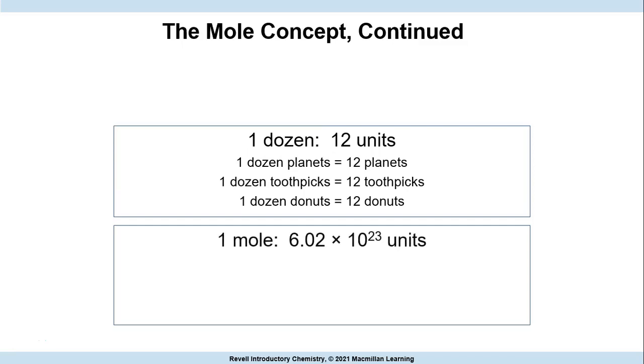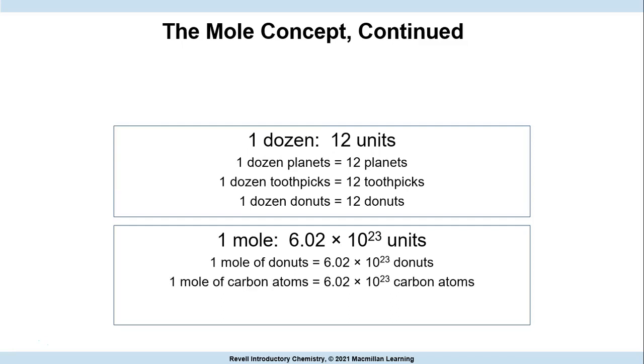Now, when we talk of a mole, one mole is equivalent to 6.02 times 10 to the 23 units. So as you hear of a dozen equal to 12, a mole is equal to 6.02 times 10 to the 23 units. So a mole of donuts is equal to 6.02 times 10 to the 23 donuts. And a mole of carbon atoms is 6.02 times 10 to the 23 carbon atoms.